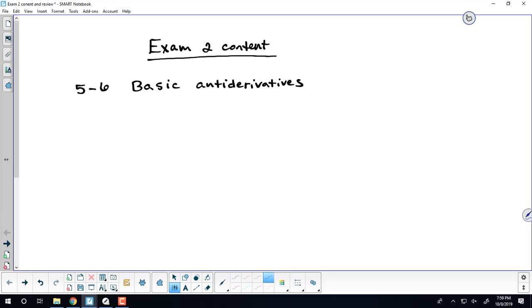Some of them could come from 8.3 with the integral of secant, etc. So all those on the first page of 8.3, mainly the other 4 trig functions: secant, integral of tangent, integral of cotangent, integral of cosecant.